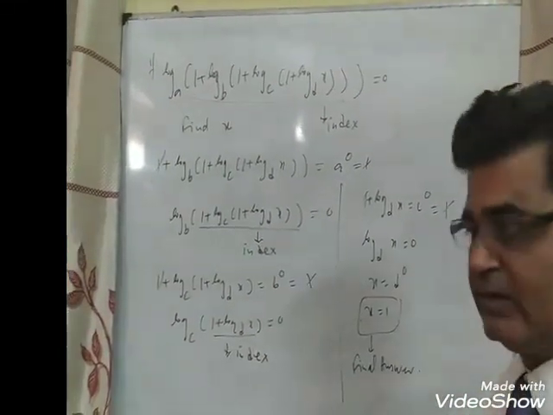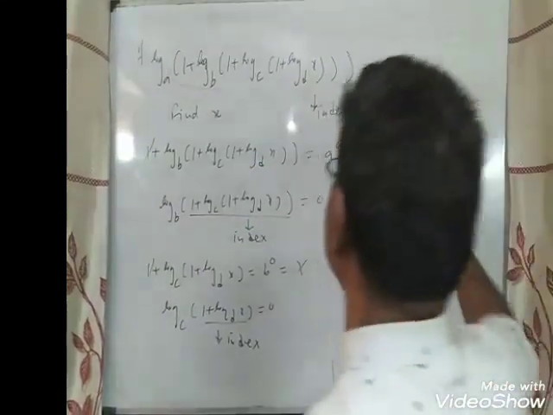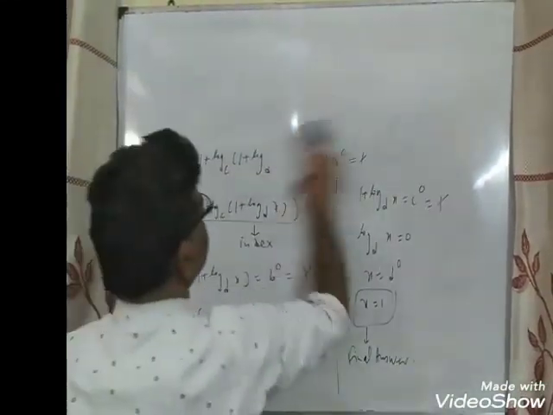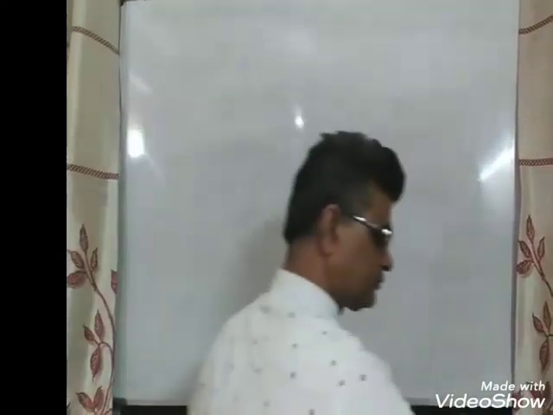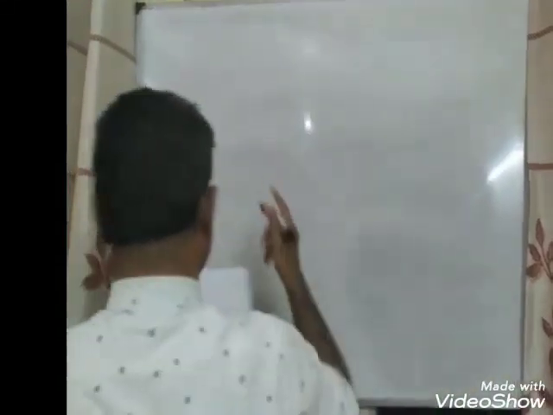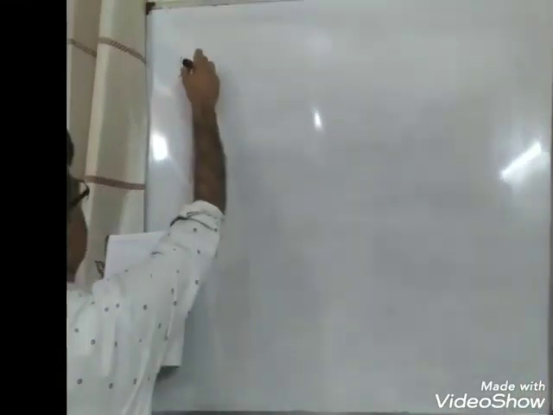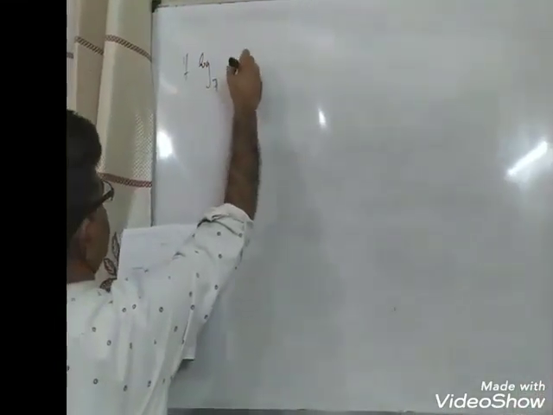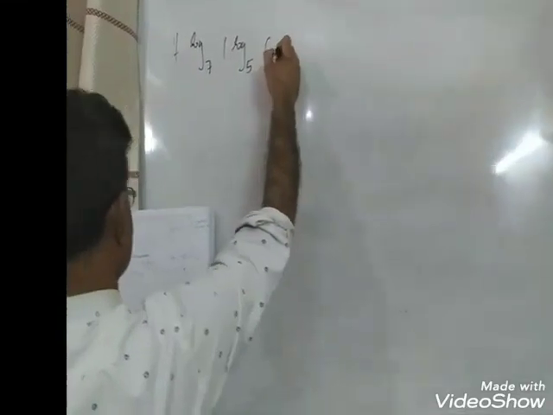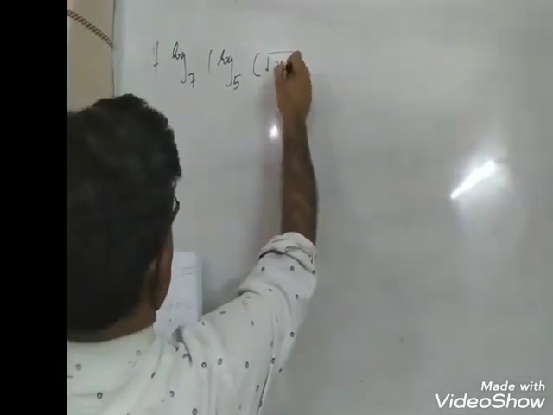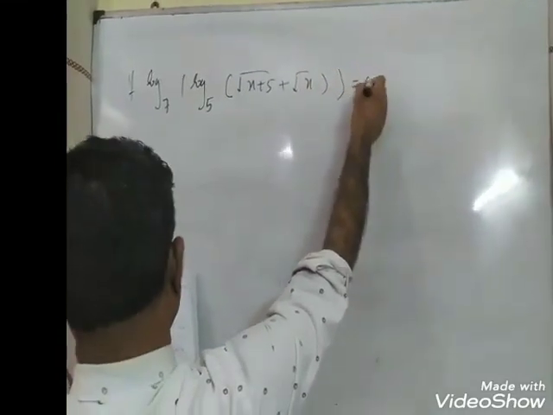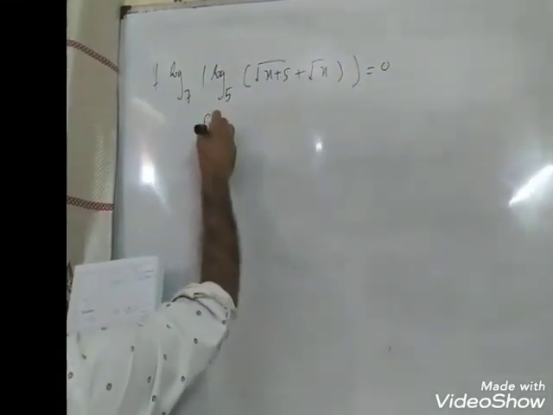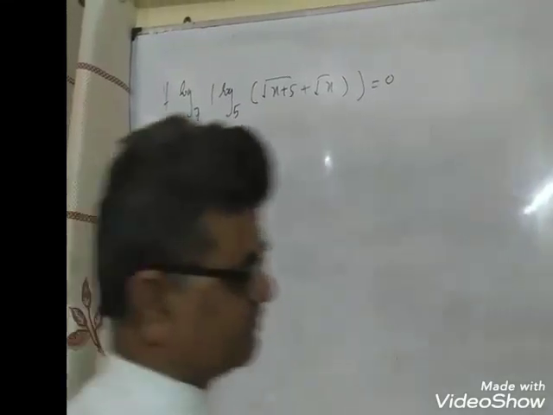Now we are moving to the next question. If log_7(log_5(root(x + 5) + root x)) = 0, find x.